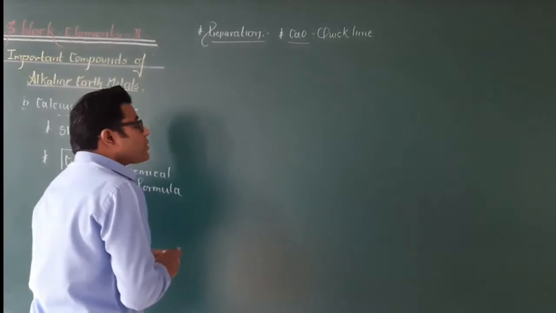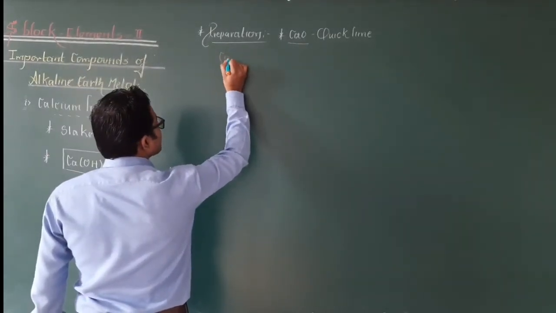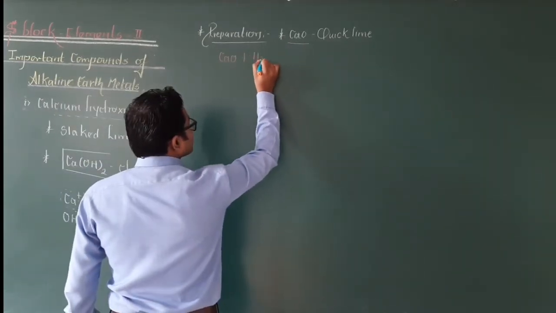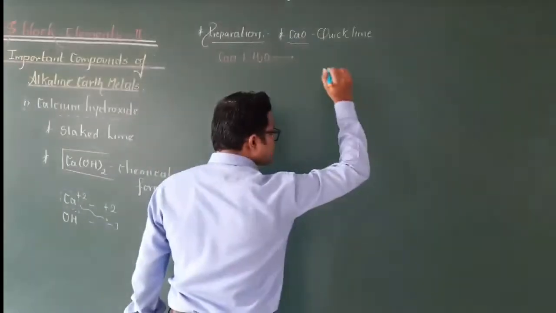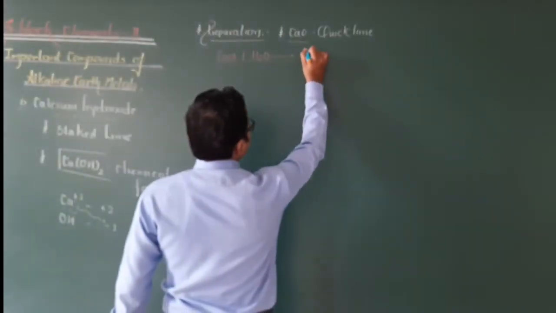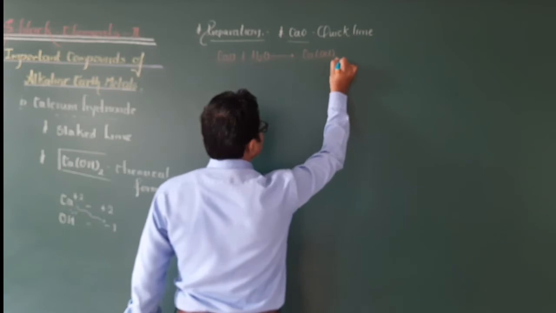So we take this calcium oxide and react it with water, and we get a compound that is slaked lime. It reacts and gives us Ca(OH)2.